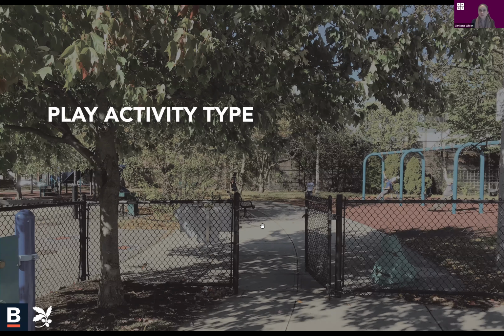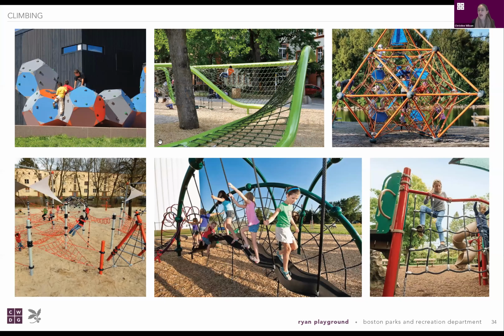That includes climbing, spinning, sliding, etc. In achieving the climbing piece, we could have a large structure like shown up on top right, that has slides off of it, or we could have smaller climbing components through the playground.